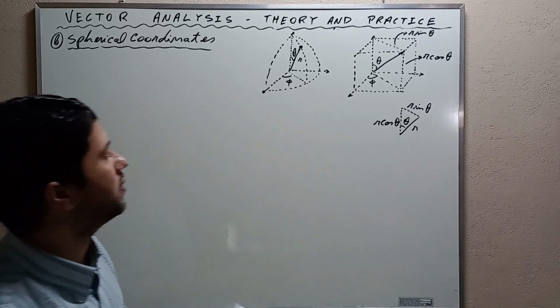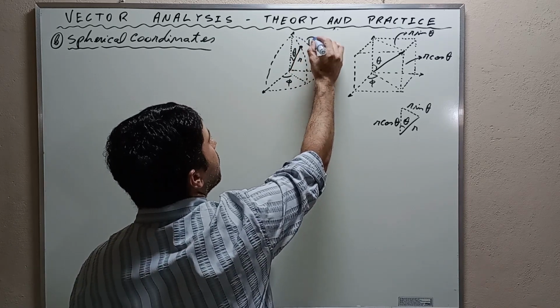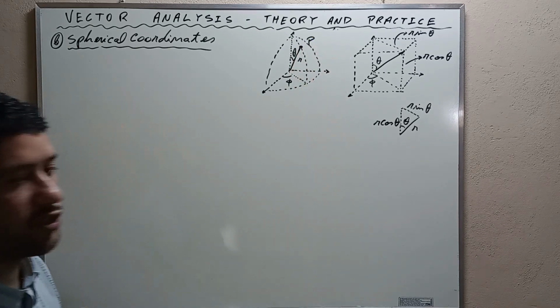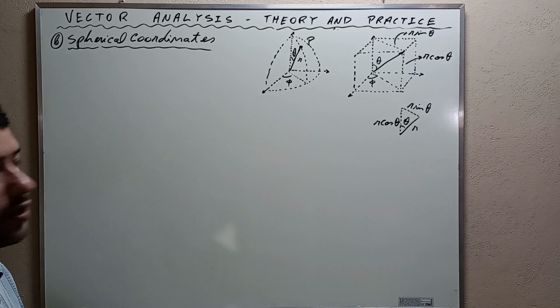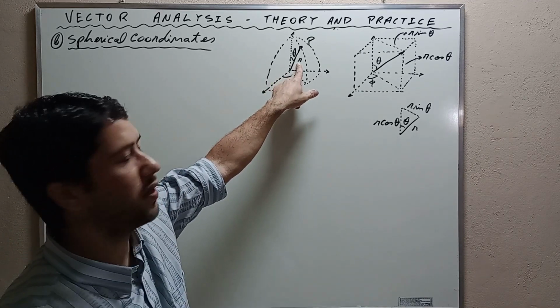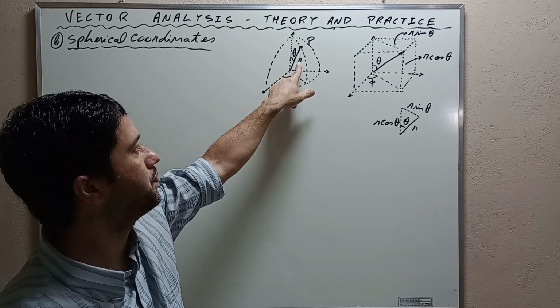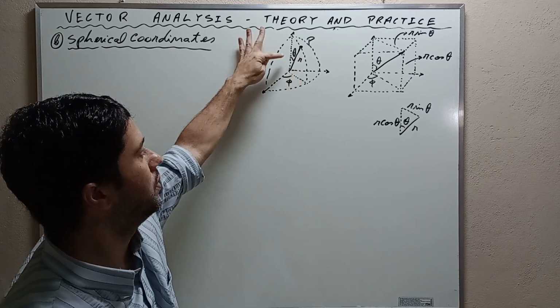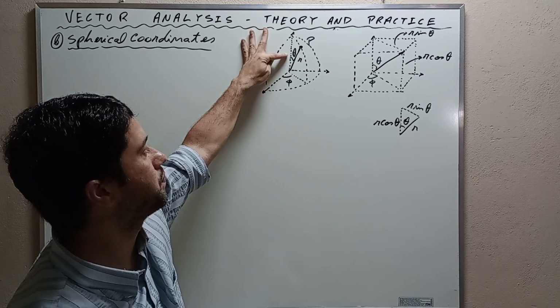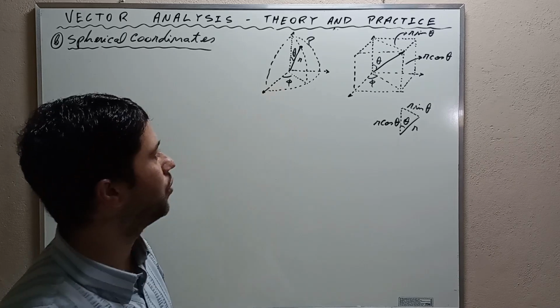Take a look at this point here, point P. It is expressed in spherical coordinates by the magnitude of a vector r, this angle here, theta, and this angle phi. Okay?